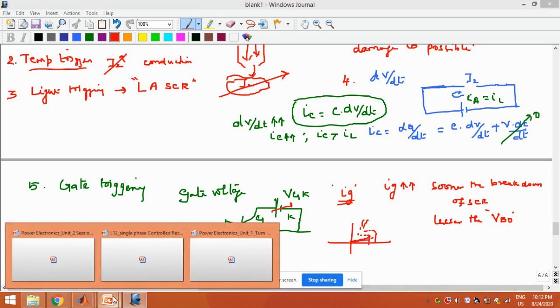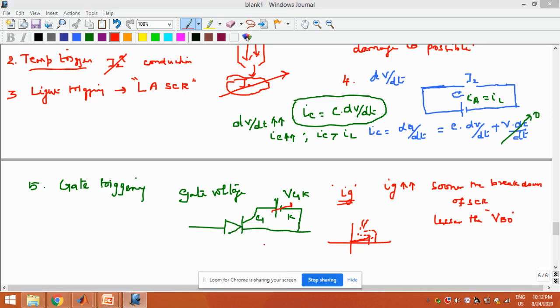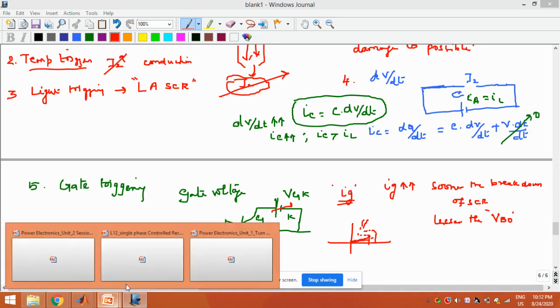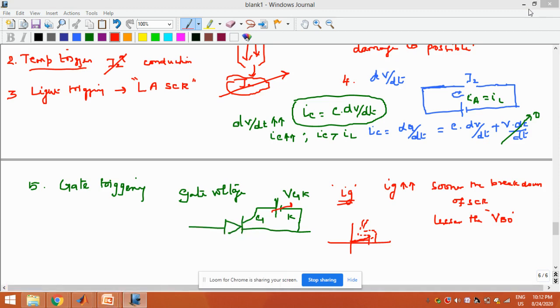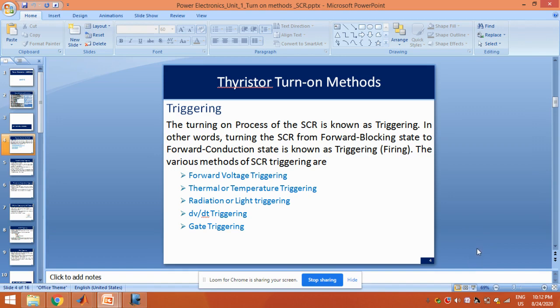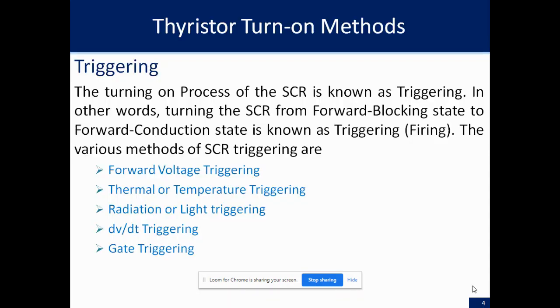We can quickly see the PPT so that we will easily understand. So this is the PowerPoint we have. As I told you, in the turn on mechanism, we have 5 types of schemes: forward voltage triggering, temperature triggering, light triggering, dV by dt triggering, and gate triggering.